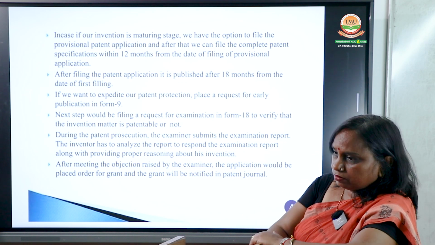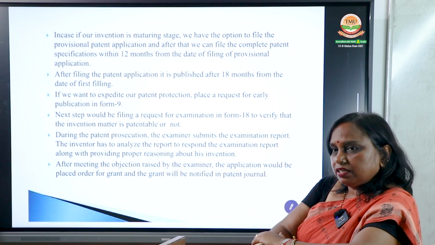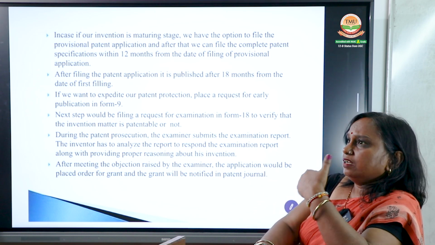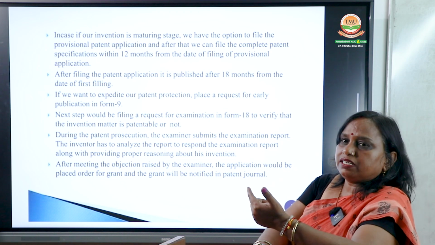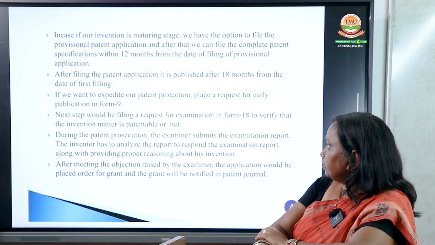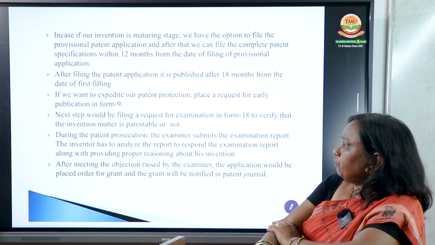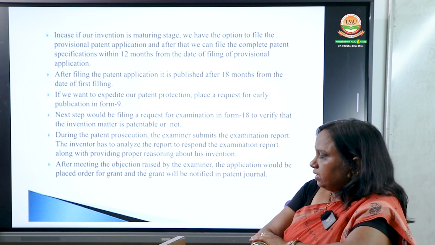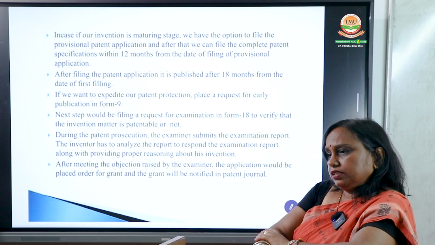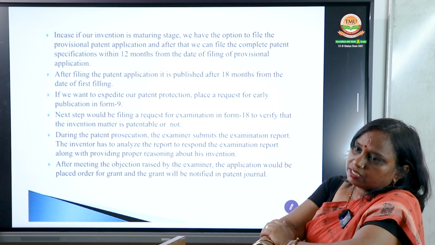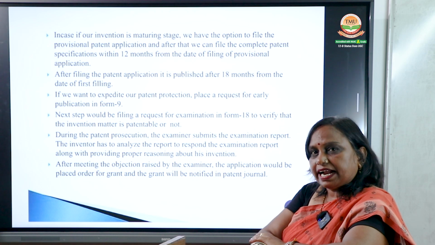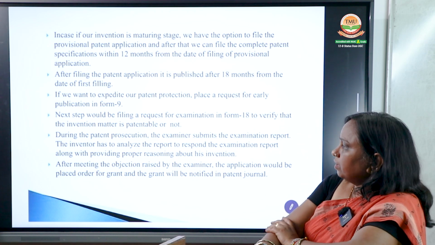After the publication is done, we receive a patent number. Then we can apply to the examiner for examination of the patent by using form number 18, and this will help the patent office decide whether the patent is eligible to be granted or not.